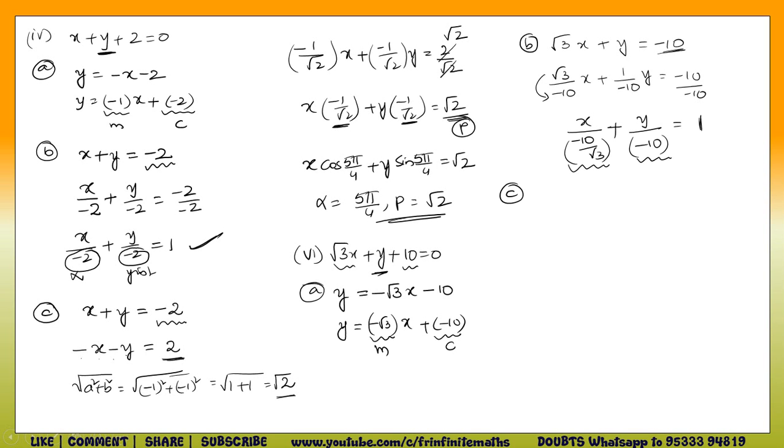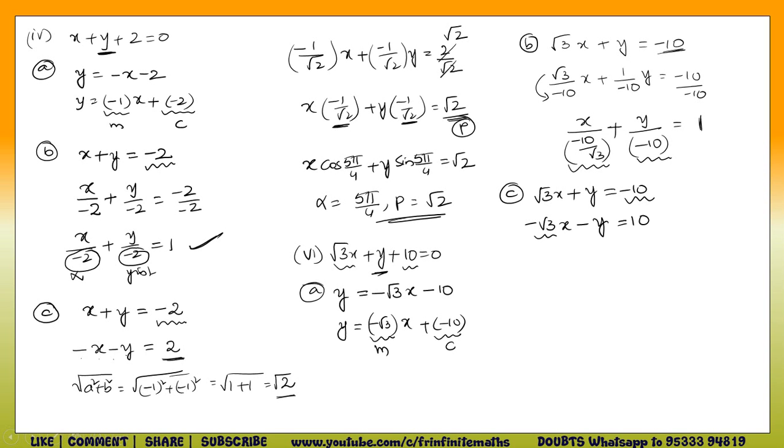Next moving on to normal form. So normal form means, first of all, the constant should be transposed to the right hand side, then this becomes minus 10, but on the right hand side we are having a negative value. So for that what we are going to do is, we need to multiply with minus, then this becomes minus root 3x minus y is equal to plus 10, right?